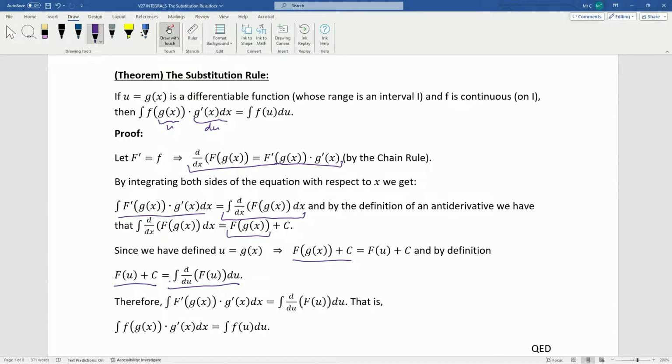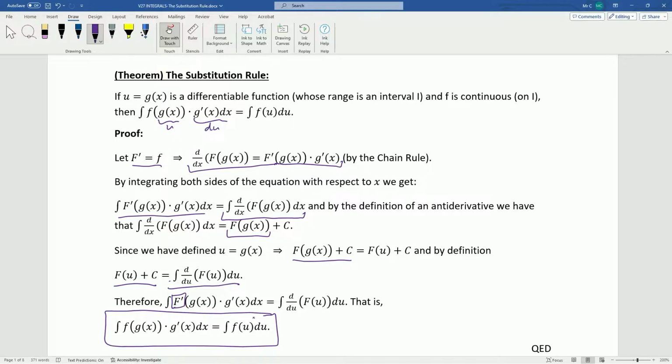So in conclusion, the integral of cap F prime of g of x times g prime of x dx is equal to the integral of the derivative with respect to u of cap F of u du. But remember, cap F prime is the same thing as little f, so that gives us our final expression.